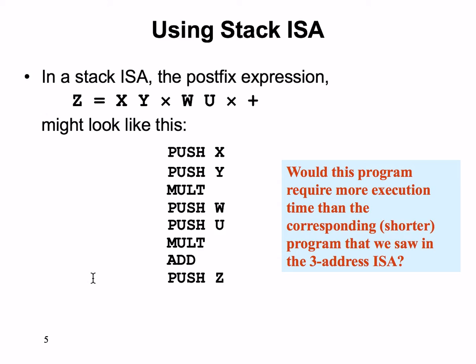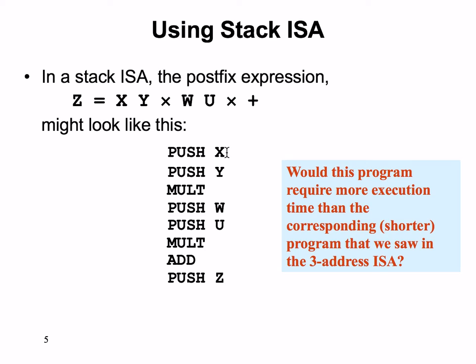The next one, we see how to use a stack ISA to evaluate the postfix expression. The postfix expression is z equal x y multiplication, w u multiplication, and addition. The instructions for this postfix expression can look like this.